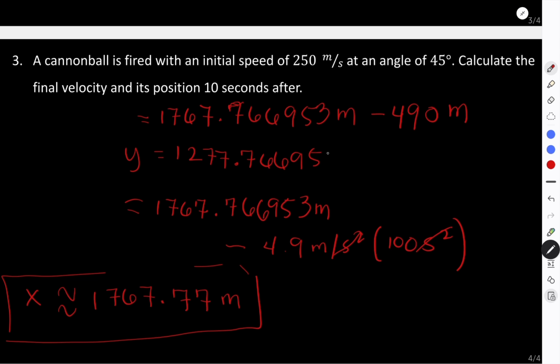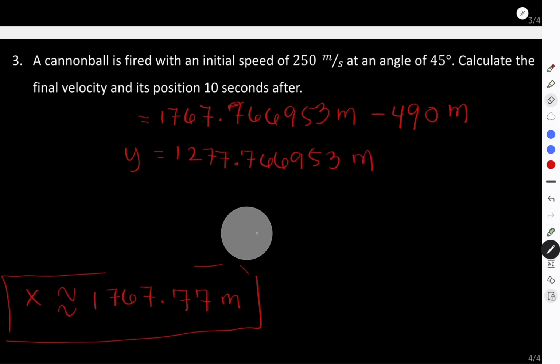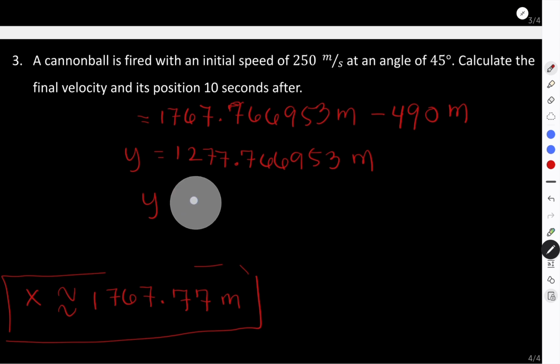1277.766953 meter, which means our y position is approximately 1,277.77 meter.